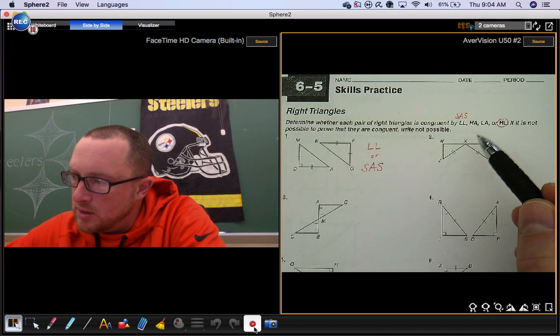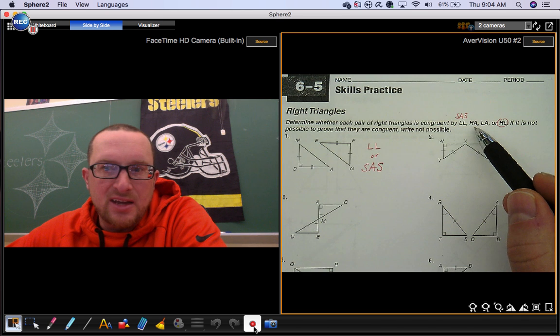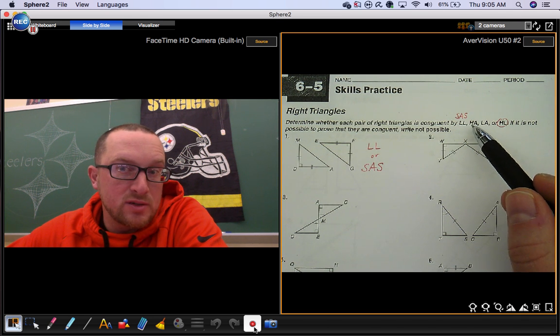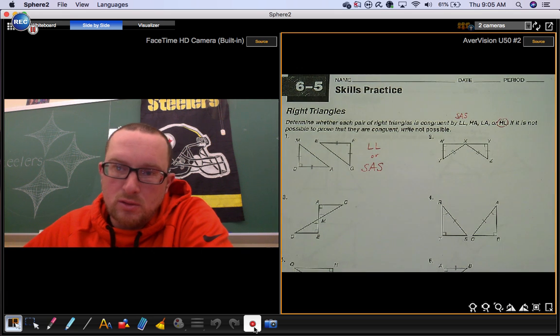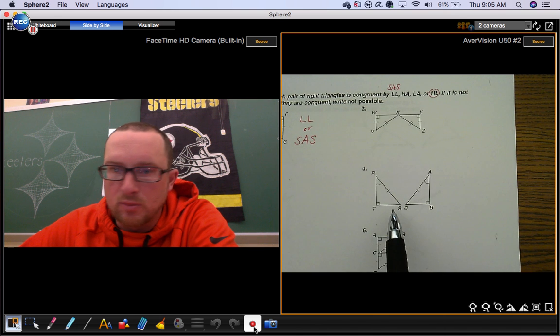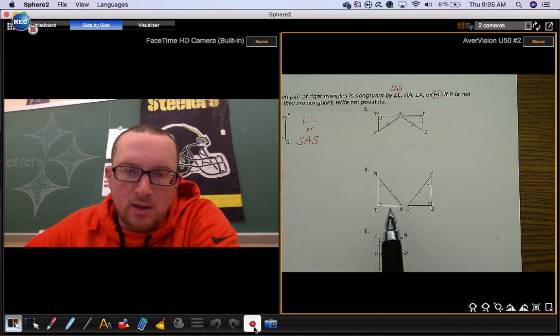Something else that you might run into would be HA. That's going to stand for congruent hypotenuses and congruent acute angles. Let's look at number 4. Number 4, we have two right triangles.